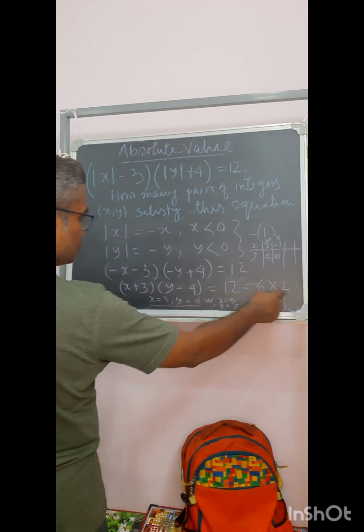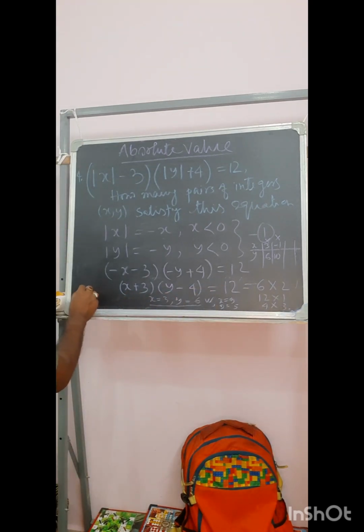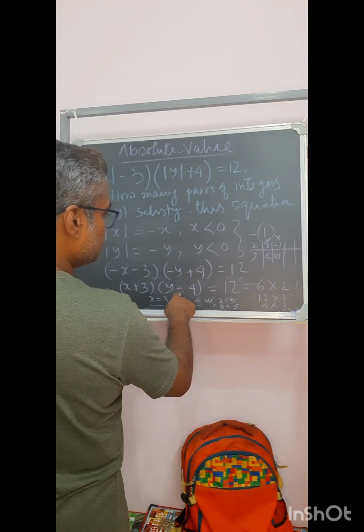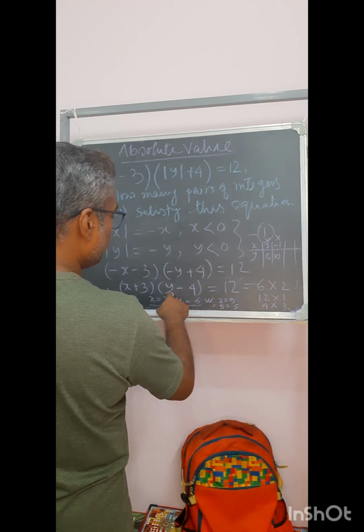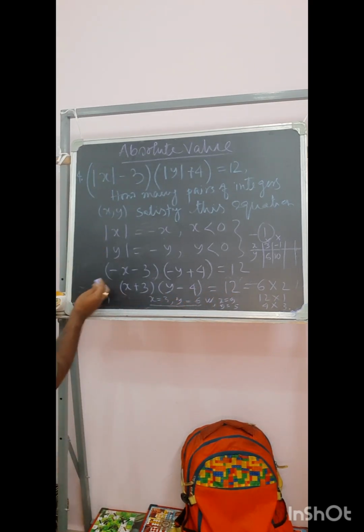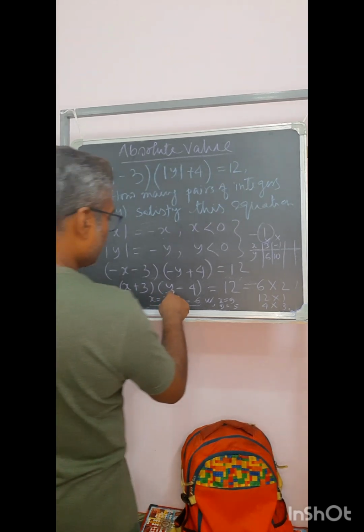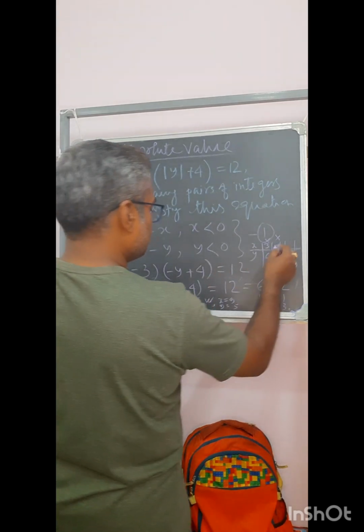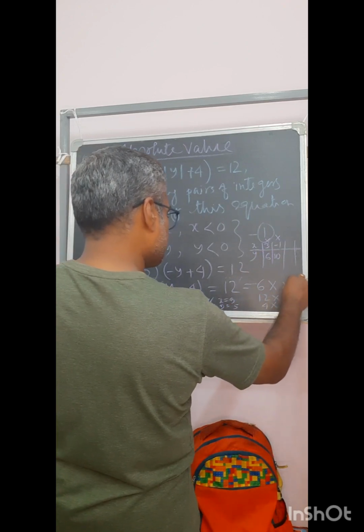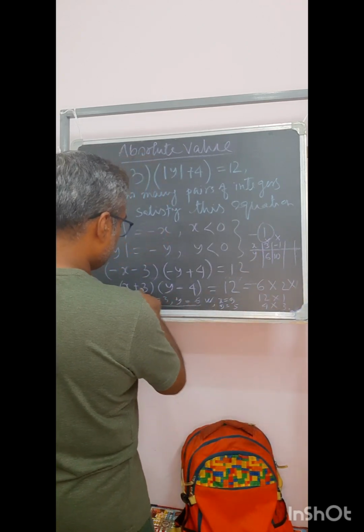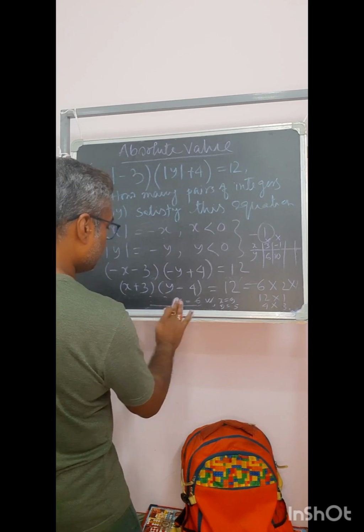If x has to be 2, then x plus 3 must be equal to 2, so that means x is equal to minus 1. If x is equal to minus 1, this also has to be 6, so y will always be positive. So for any such cases, x is minus and y is plus is not possible. So these factors are not possible to bring with any combination of x and y.